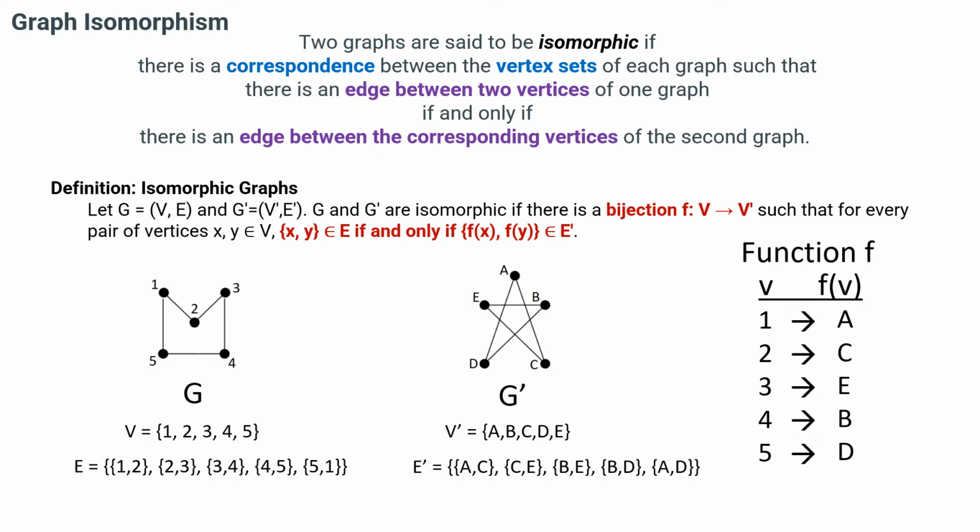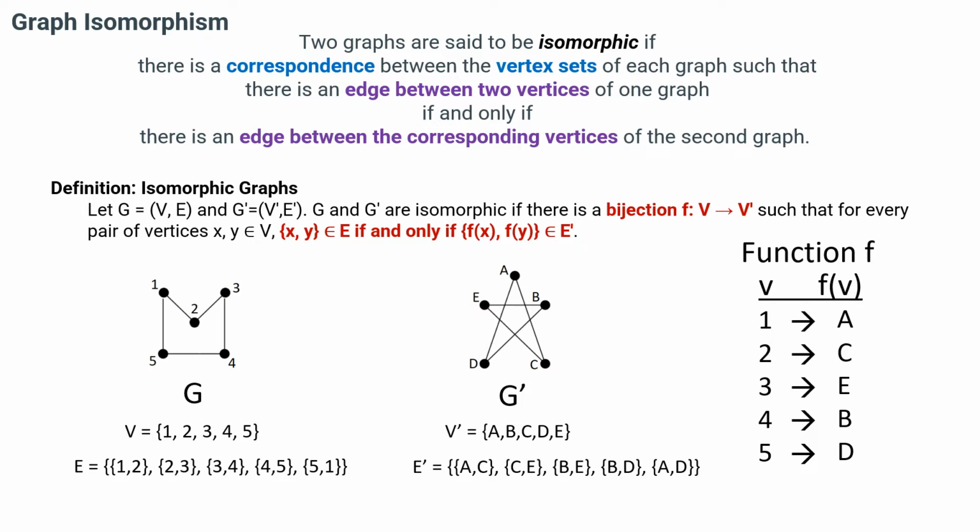So these two graphs are isomorphic if there's a bijection such that for every pair of vertices x, y in V, the edge in E is there if and only if there's an edge between the corresponding vertices f of x, f of y.